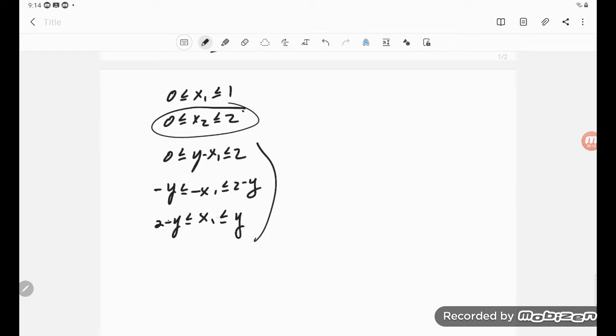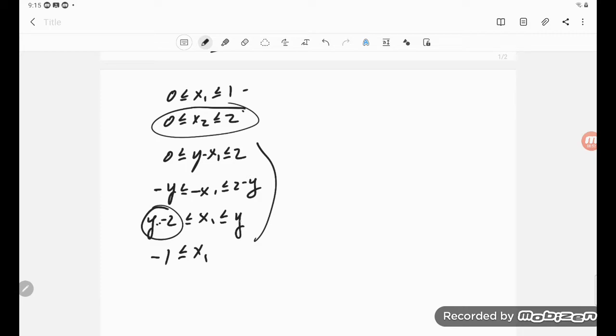Whoops, sorry, caught that before we went too far. I took the negative through that, so that's y minus 2. Okay, so if y is between 0 and 1, then this here could go between negative 2 and negative 1. So the biggest it ever is negative 1. But that's still fine for x1, because x1 has to be between 0 and 1.